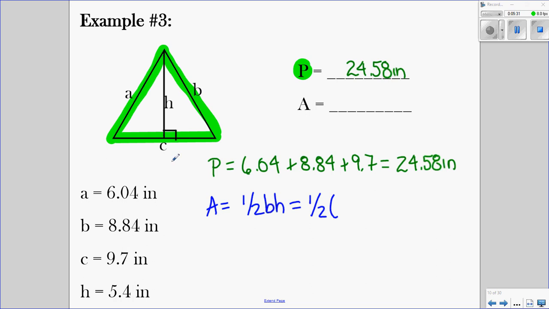This is the base, the bottom part, c. So it's 1/2 times 9.7 times the height, which they gave you as 5.4. So now you're going to multiply all the numbers. And then you get 26.19 square inches.